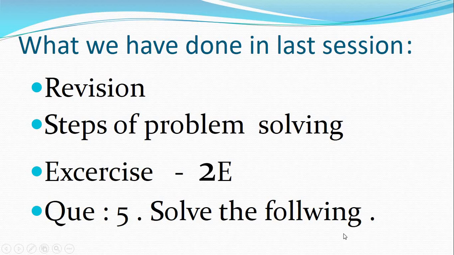It means the problems of addition and problems of subtraction, their application in real life. But yesterday we have done only 3 questions, question numbers 1, 2 and 3. Question number 4 we will do in further sessions.